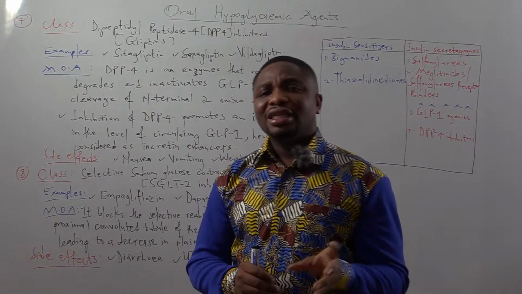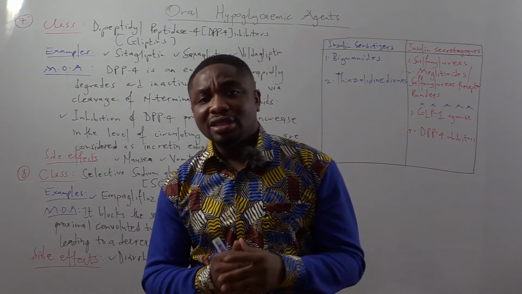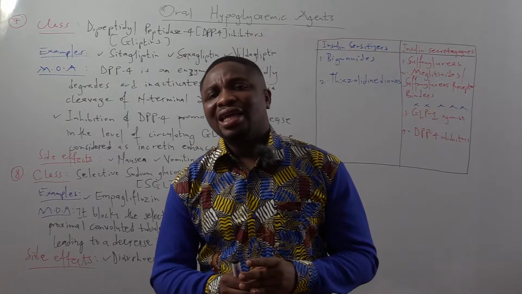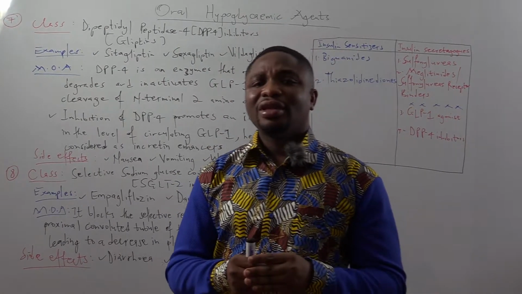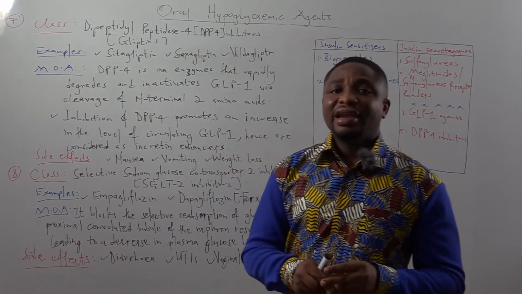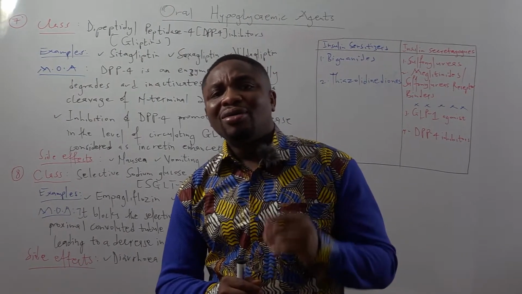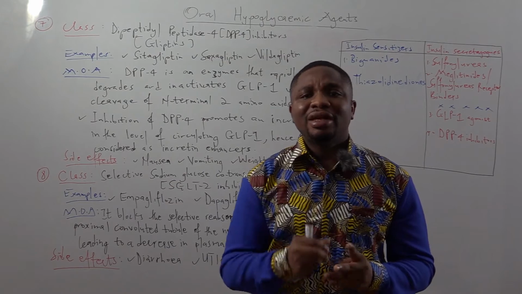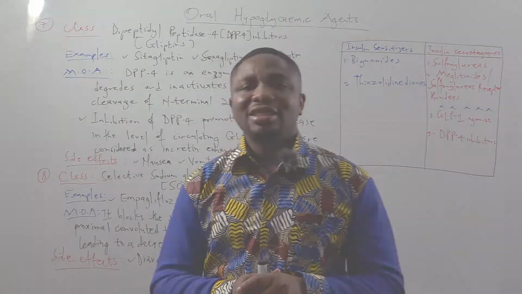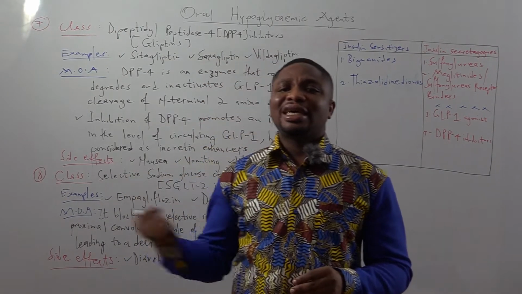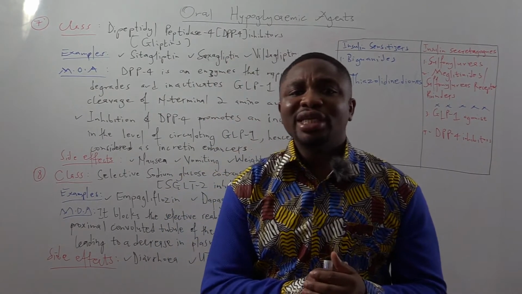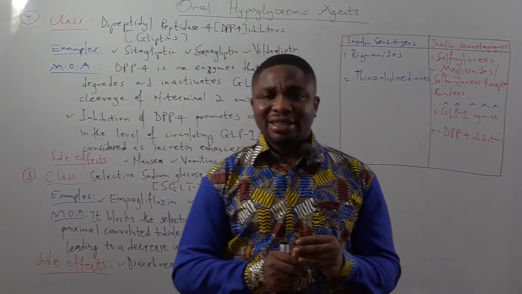You should know that DPP4, that's dipeptidyl peptidase 4, is an enzyme that rapidly degrades and inactivates glucagon-like peptide 1 via cleavage of the N-terminal 2 amino acids. So inhibiting this enzyme would mean an increase in the level of circulating glucagon-like peptides.